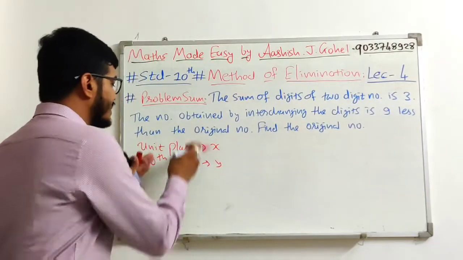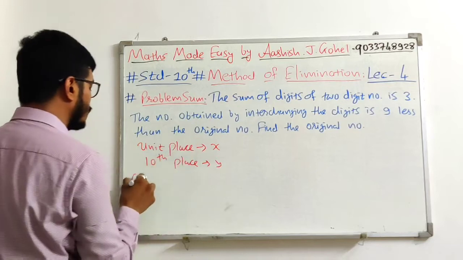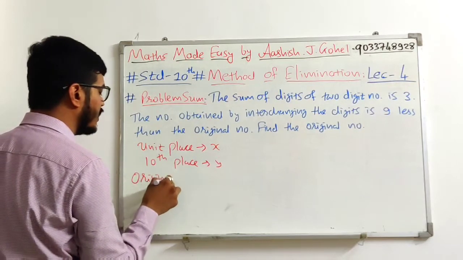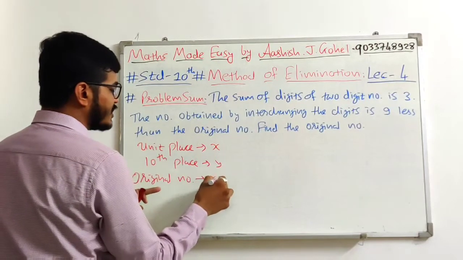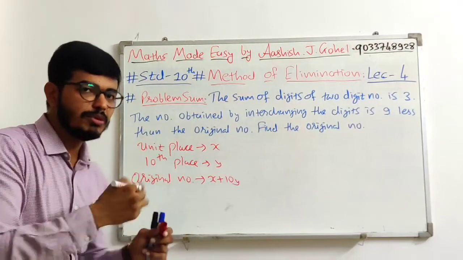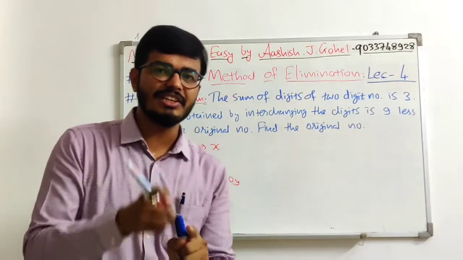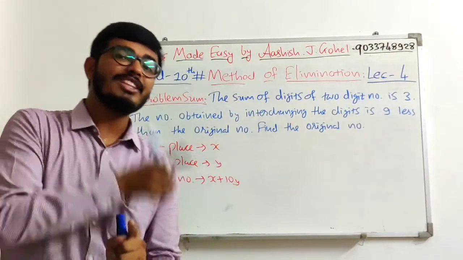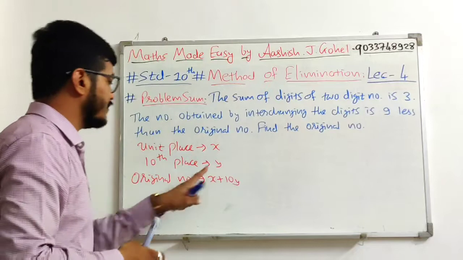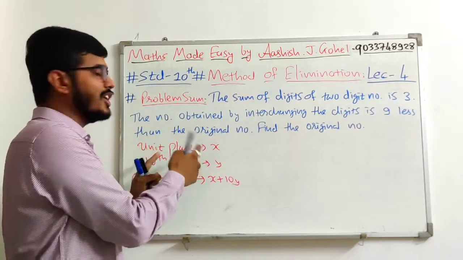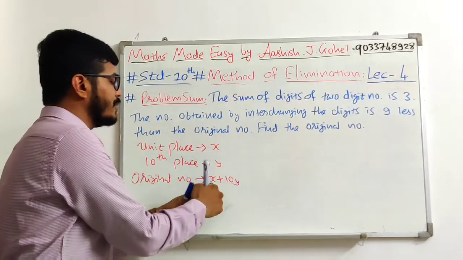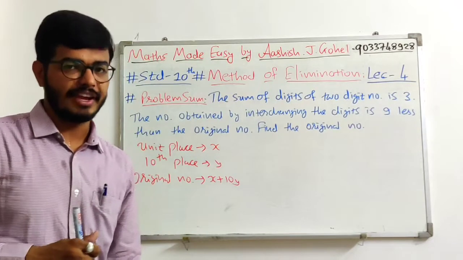Okay, so if this kind of digits are there, then the original number that will be formed will be x plus 10y. The number formation, we know that whatever digit is at 10th place, we need to multiply that with 10, and whatever digit is at unit place, we need to multiply it with 1. So the original number will become x plus 10y.